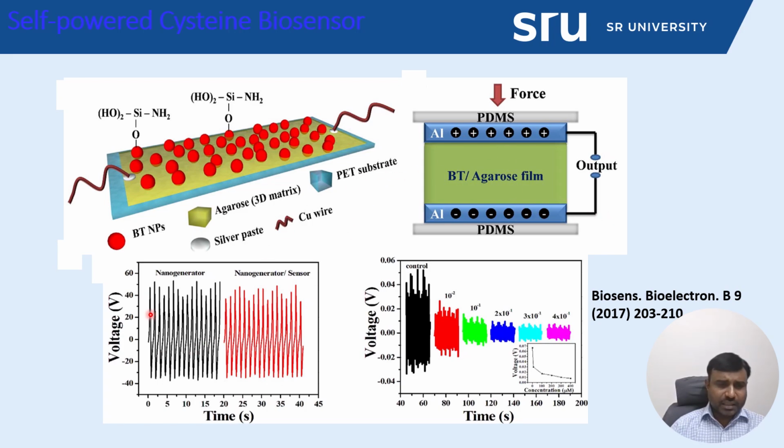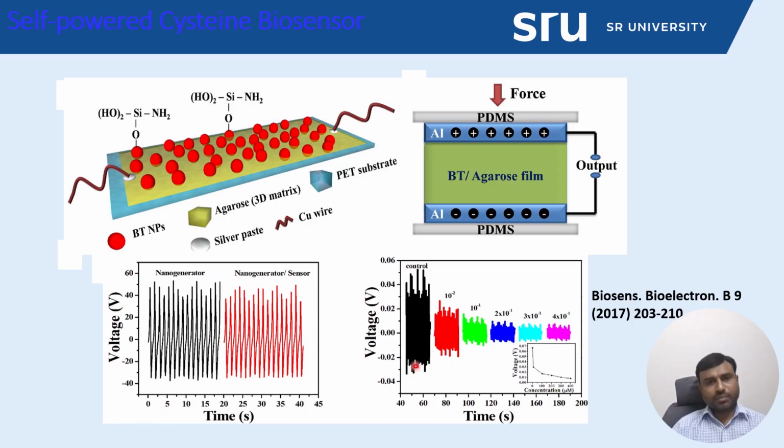See here, this is the nanogenerator signal output before applying any analyte molecule like cysteine. For example, this is the nanogenerator sensor. When adding the cysteine molecule, the signal shows a clear difference. This is a very low concentration, that's why we cannot observe a very clear signal.